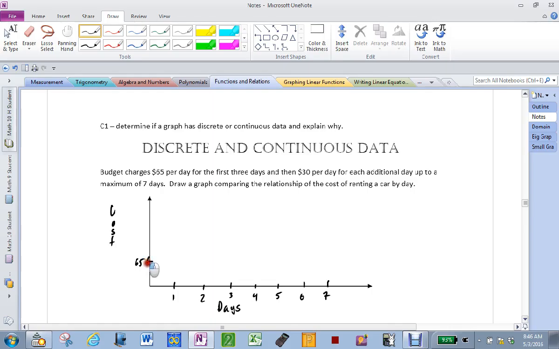Open, because if I don't take the car, I don't pay. If I take the car, I sign on the dotted line. 1 second after I sign on the dotted line, how much am I paying for that car? $65. For how long? 1 day. What kind of dot do I need at 1 day? Closed.